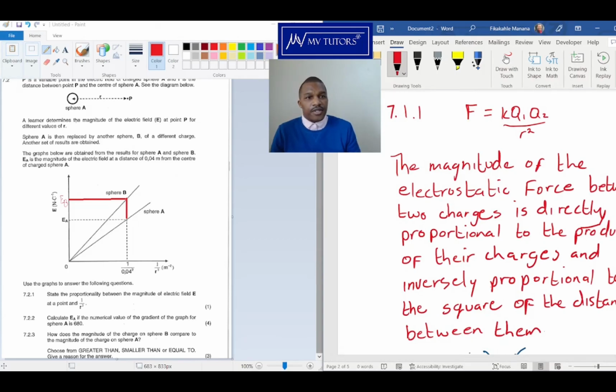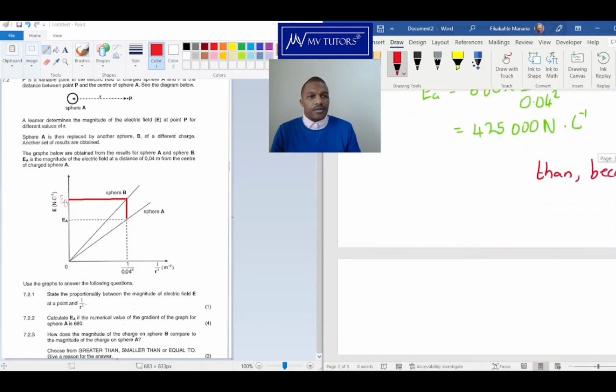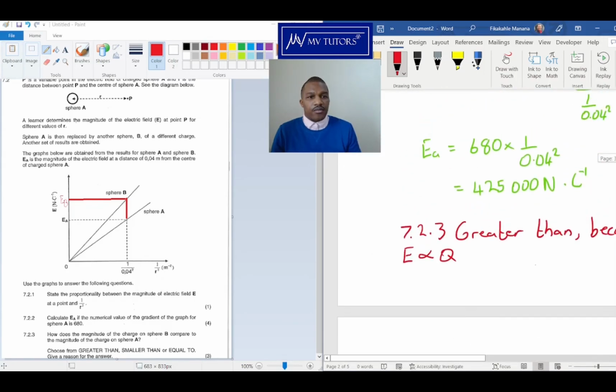Remember when we did this? That's the magnitude of the electrostatic force, which is pretty much the magnitude of the electric field. So they are directly proportional with Q, meaning if you increase one, the other increases. So it's greater than because E is directly proportional to Q.